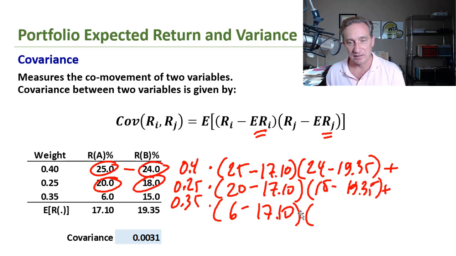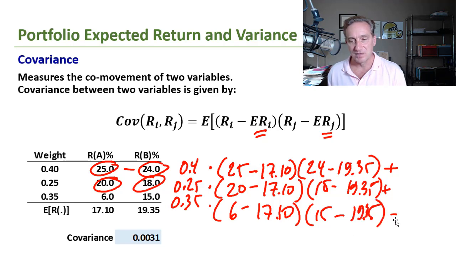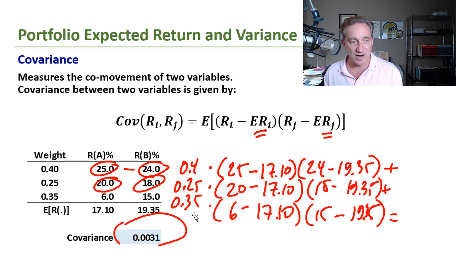Multiplied here by my last one, 15 minus that same expected return of 19.35. And if you did that, you should get 0.0031. And that, I believe, is the way that it is shown in the CFA syllabus, the way that the math is shown.